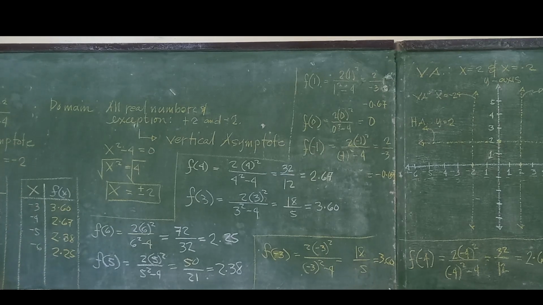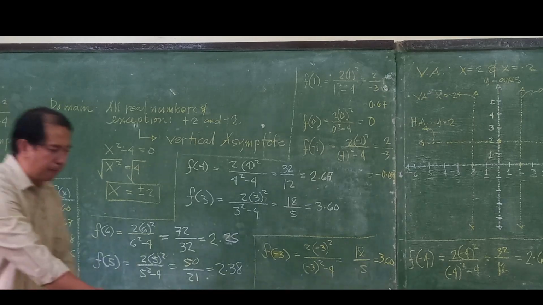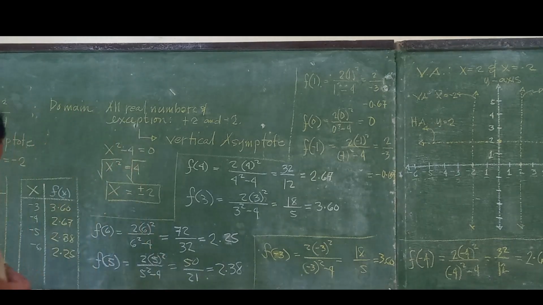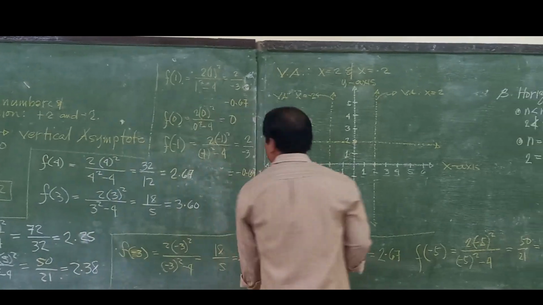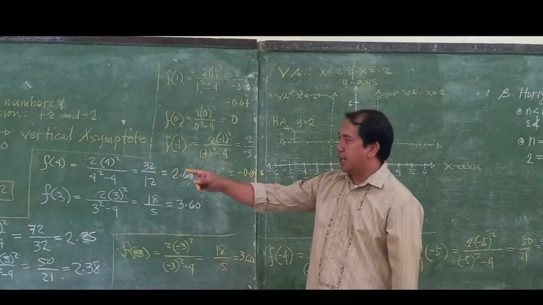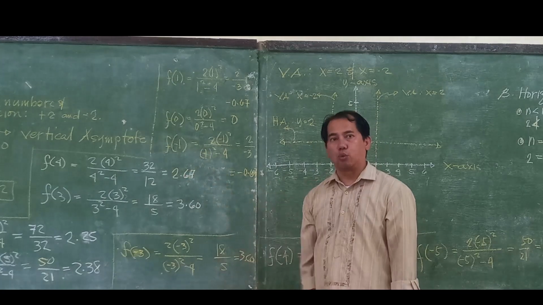Okay? Let's graph them. So when we are going to graph them, definitely one by one. Let's get this one. We bring it in there. So where is the location of 6 and 2.25?